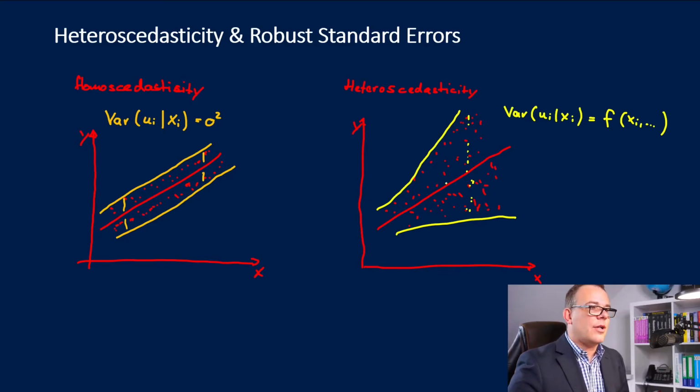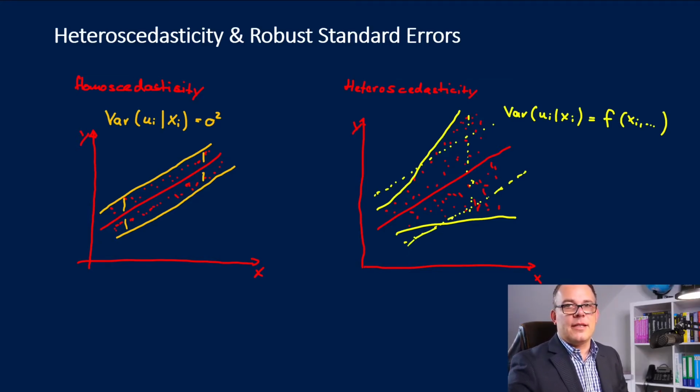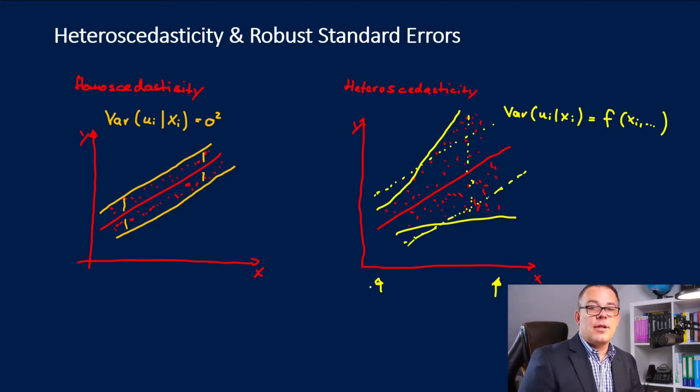Because our test is based on some kind of middle constant variance, so our test assumes that the variance is constant. So in certain regions, like here, obviously our test result underestimates the variance, and here it overestimates the variance. And that's, of course, a big problem.